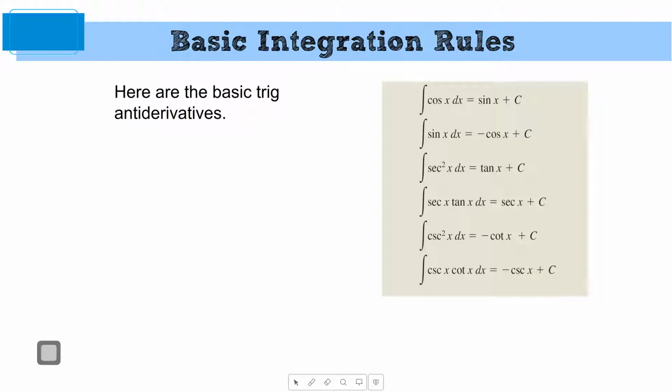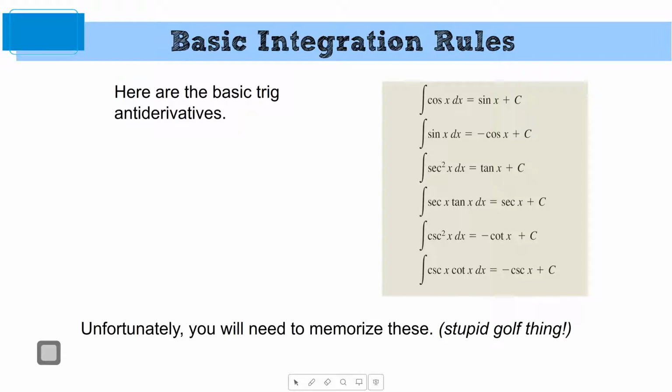So I'm going to show you this method that somebody showed me a long time ago, and I thought it was the dumbest thing I've ever seen. But now I can't stop using it because it's so stupid. It's called the stupid golf thing. Suppose you want to take the antiderivative of the sine of x.